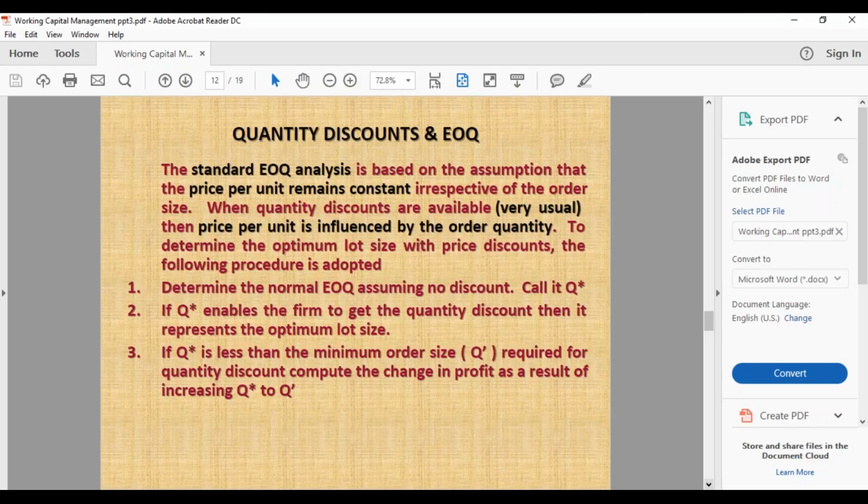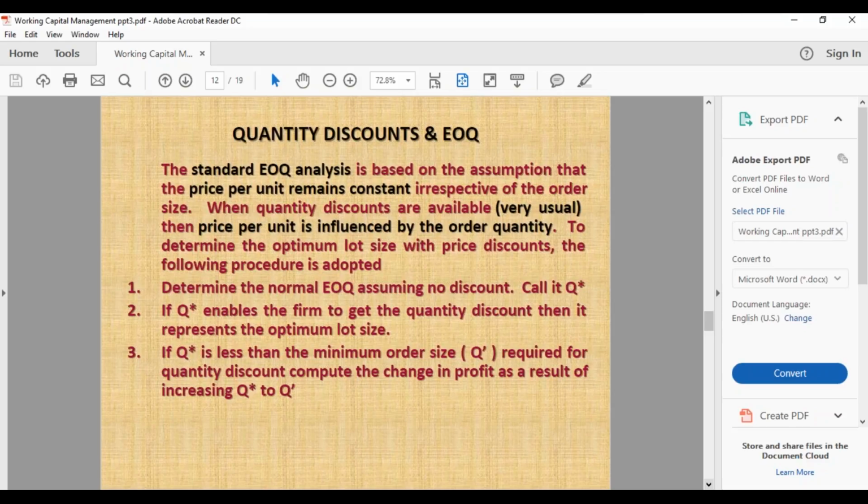The economic order quantity we discussed was for the scenario when the price remains constant, but in practical terms, the price of the order comes down. So Q star is less than the minimum order size Q dash required for quantity discount. Compute the change in profit as a result of increasing Q star to Q dash. There will be a change in profit, which you are supposed to compute while managing the inventory.